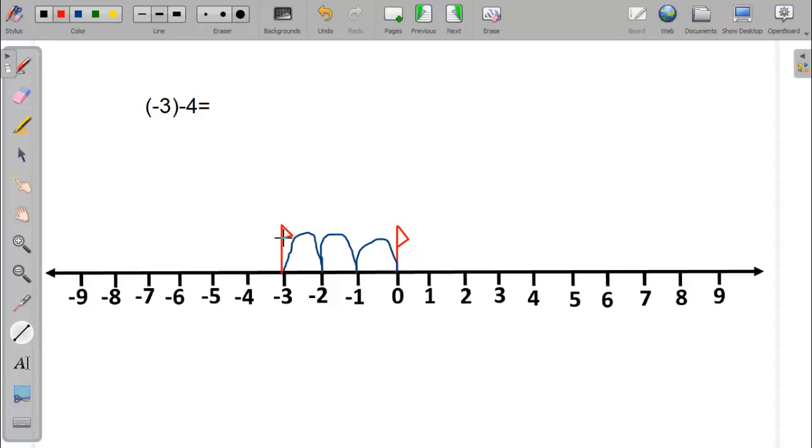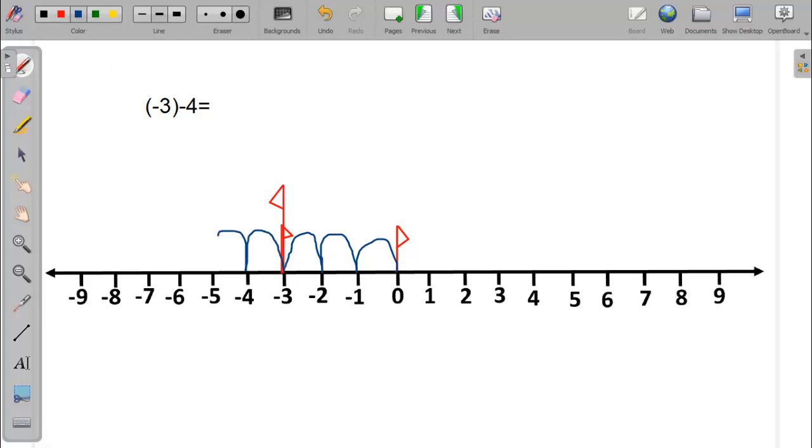-3. Then for the subtraction action, we have to turn the face of our stick figure towards the positive direction. Now this is the second number 4, positive number. So we should move forward according to the face of the stick figure.